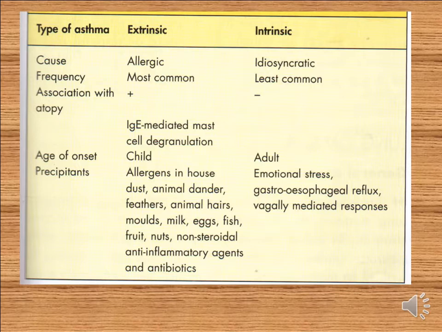The age of onset is in childhood in extrinsic and in adults in intrinsic. Precipitants in extrinsic are dust, animal dander, feathers, animal hairs, mold, milk, egg, fish, fruit, nuts, non-steroidal anti-inflammatory agents, and antibiotics. And in intrinsic, emotional.